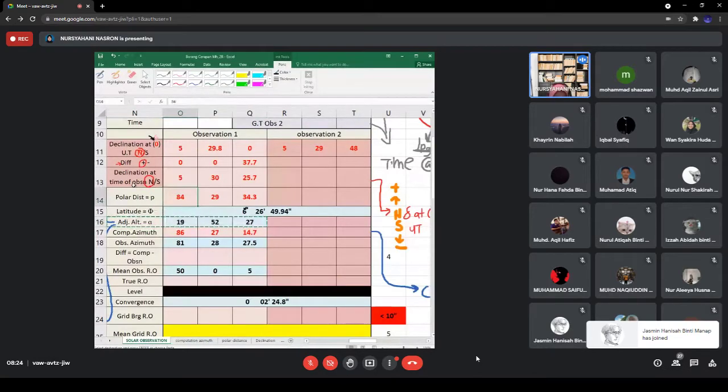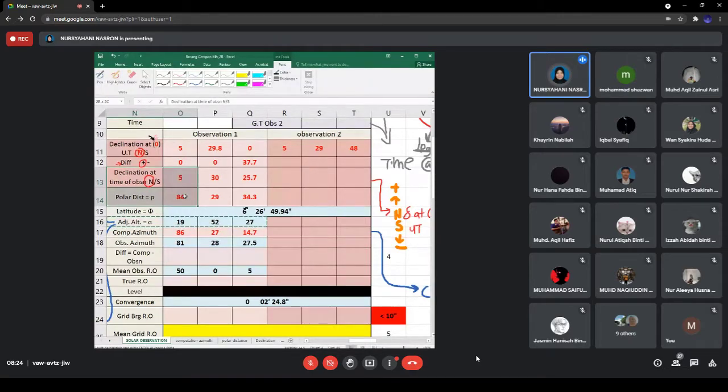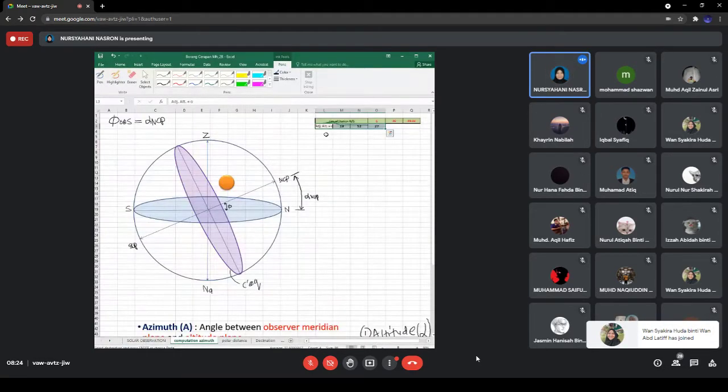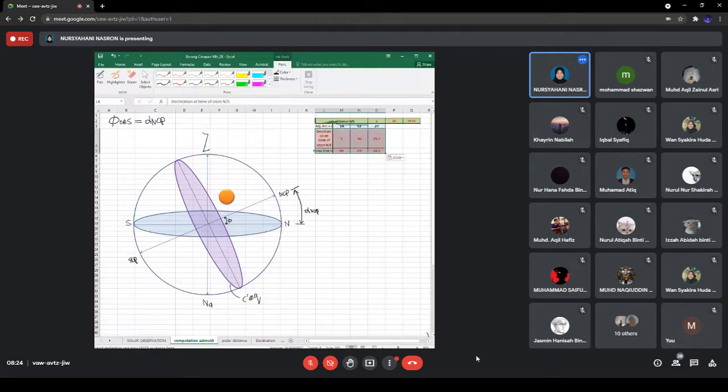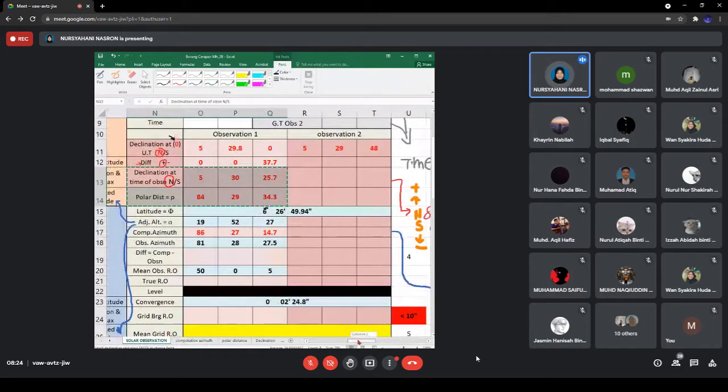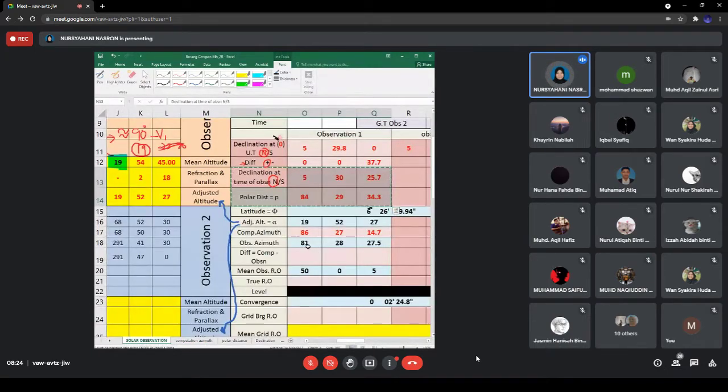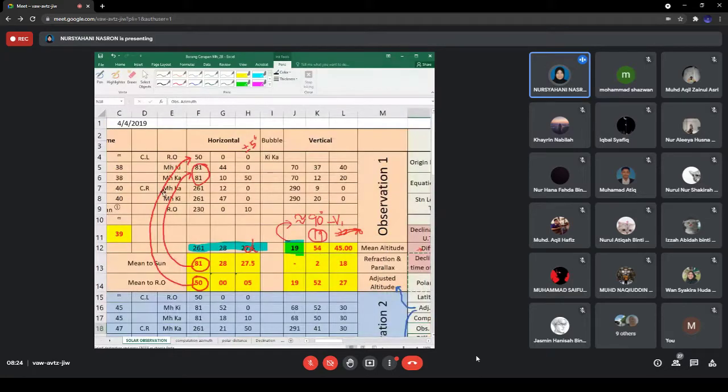You also calculate the declination, from which we want to get the polar distance. And then you also have the azimuth. Azimuth is equal to bearing, but azimuth refers to true north. The observation azimuth we get from the horizontal angle of the sun, mean to sun.